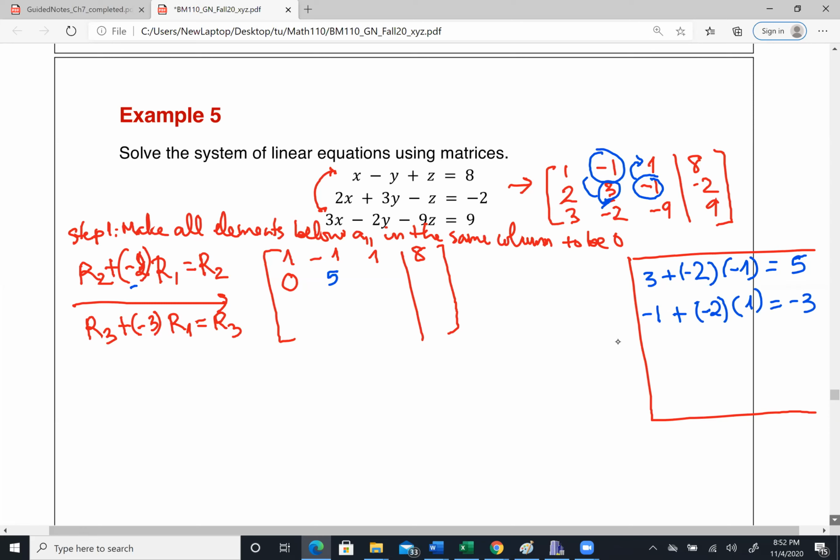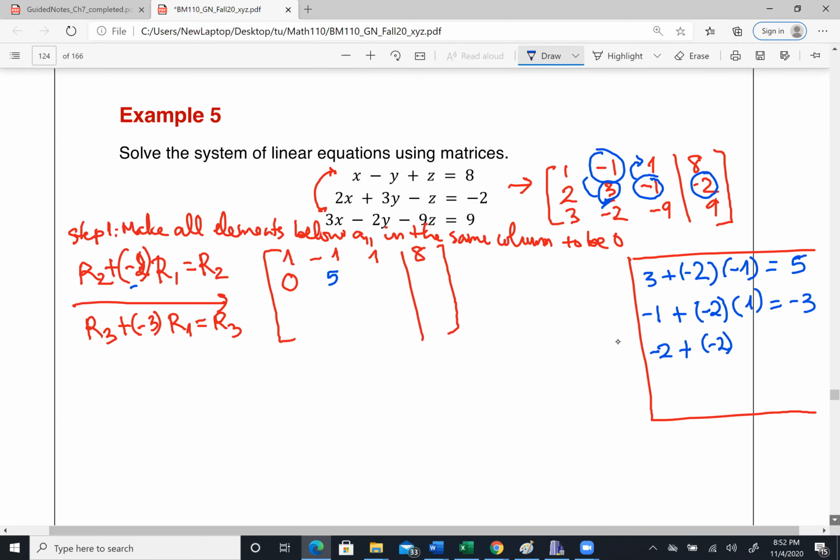Now the last one, -2, I plus -2 multiplied with 8.